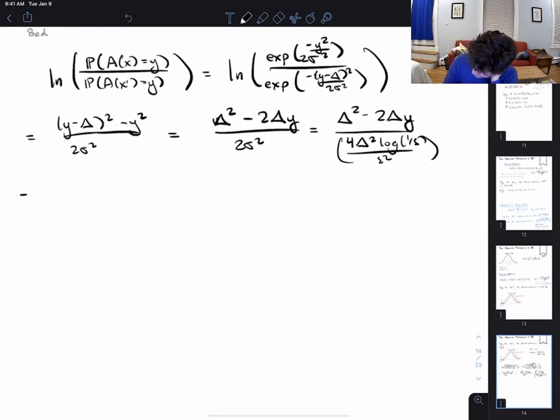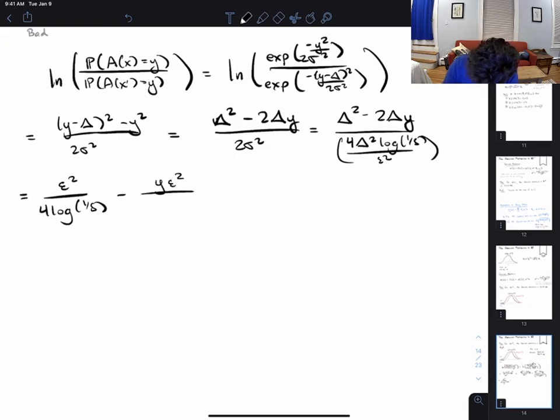If we expand out and simplify, we get the first term as epsilon squared over 4 log 1 over delta, minus y epsilon squared over 2 delta log 1 over delta.